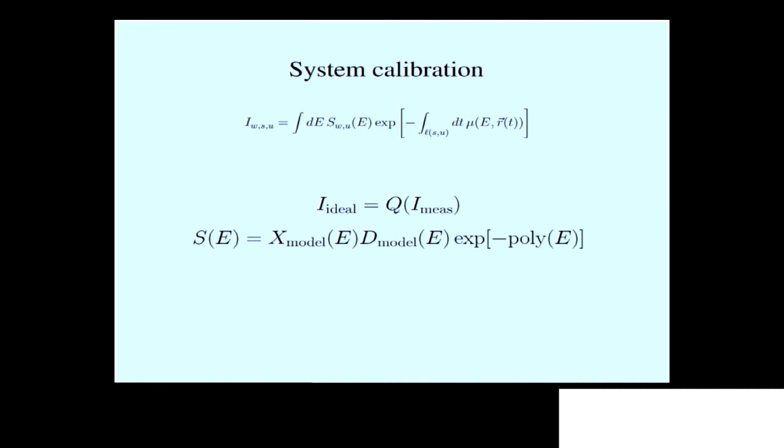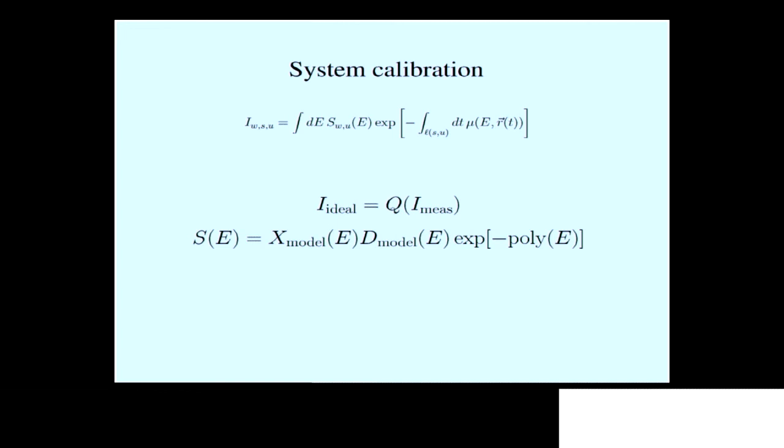So we have this quadratic model, a spectrum model and a detector model, and then we also have a low parameter polynomial fit. So how do we determine all these parameters in this model? What we do is we take transmission measurements through known materials, all right, at different thicknesses.